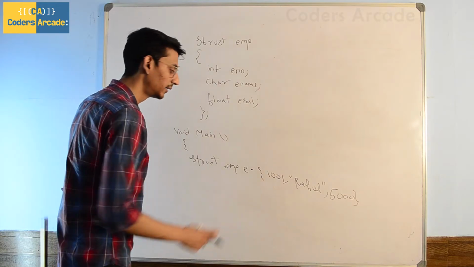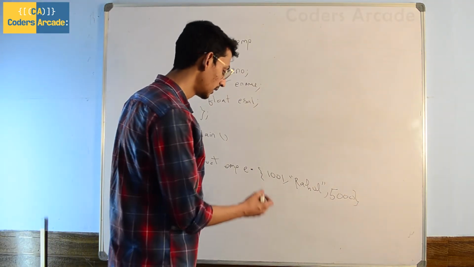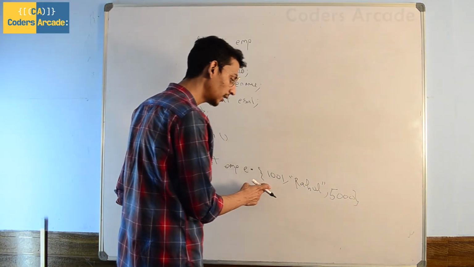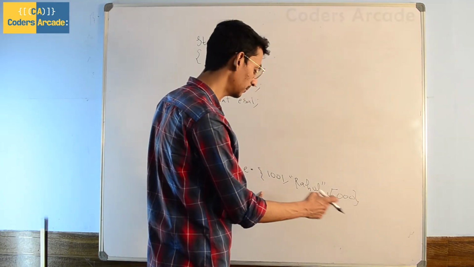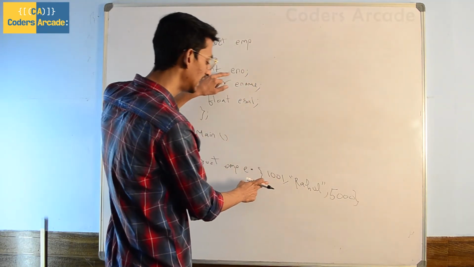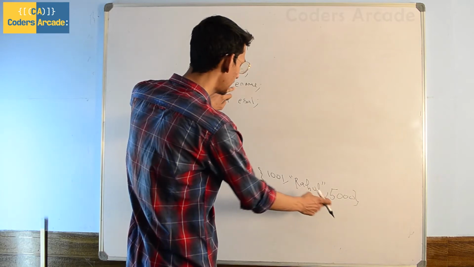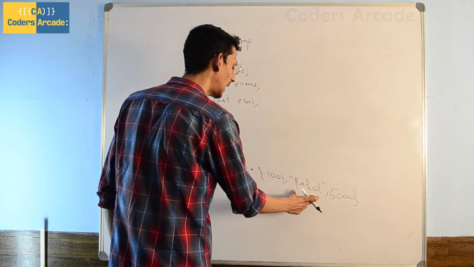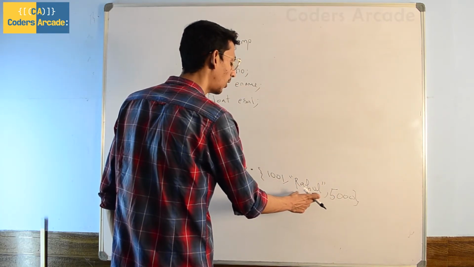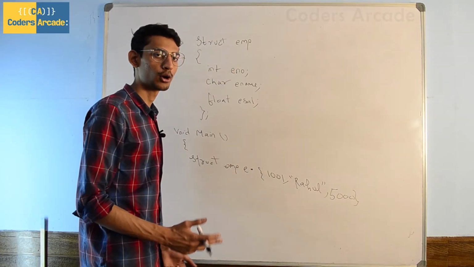This is how we give an input to a structure. The order of the input should be followed: first the employee number, then the employee name, and then the employee salary. And we know that the character string should always be in double quotation marks, no matter what programming language it is.